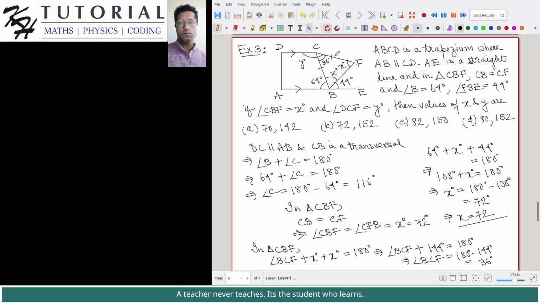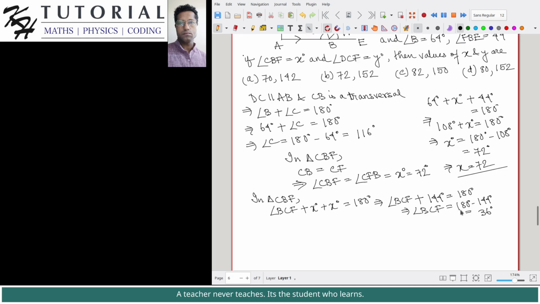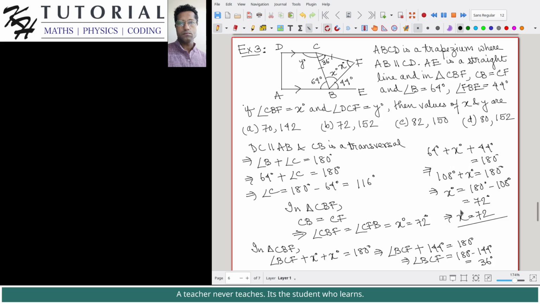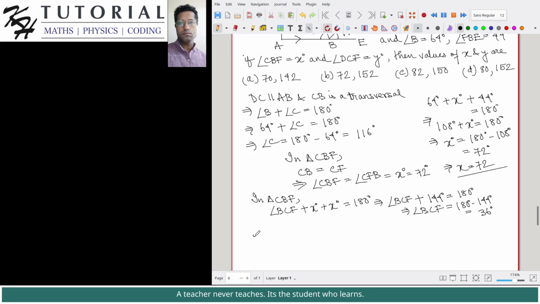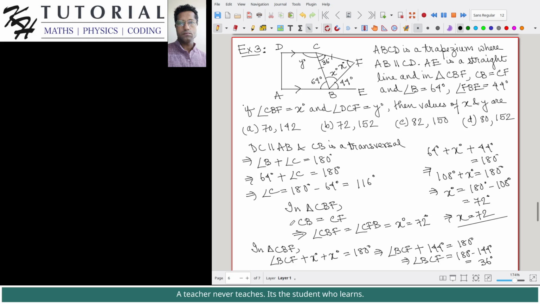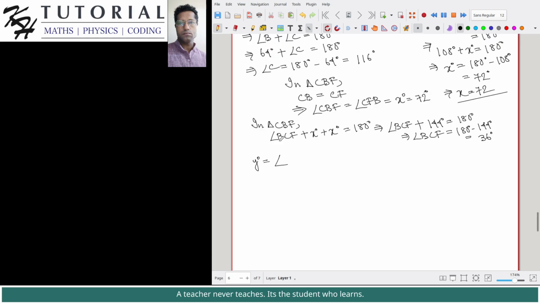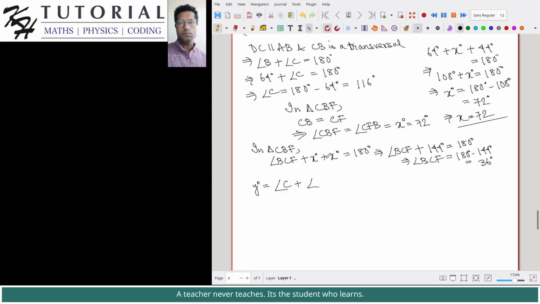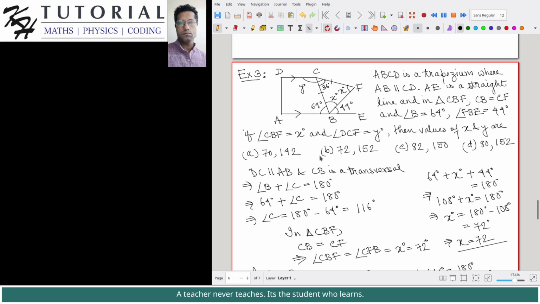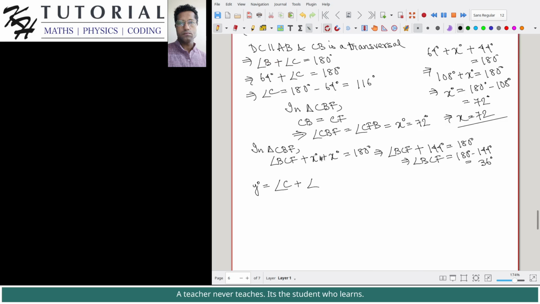Now it is asking what is y. y degrees is equal to angle C of the trapezium plus angle BCF of triangle BCF.